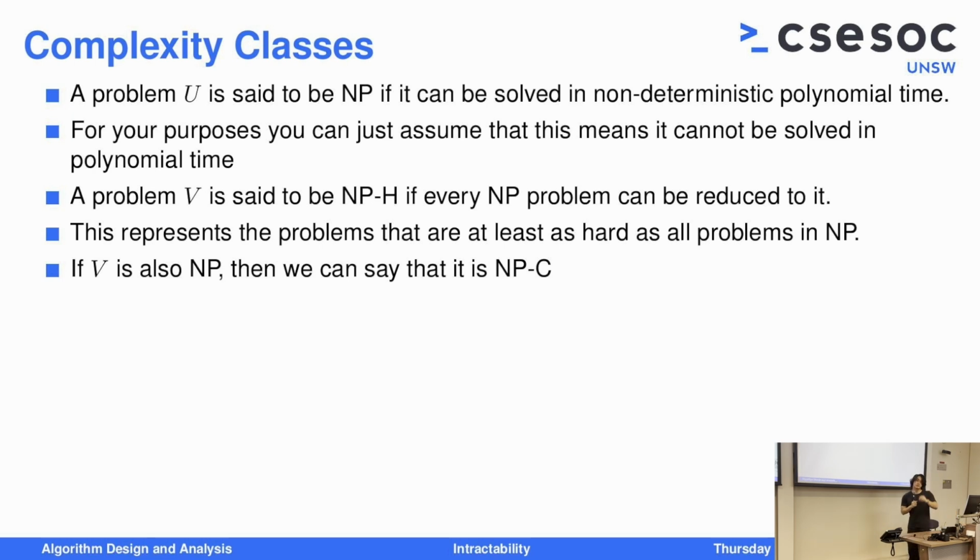To get to your point before, I'll address it right now. To say that it can be solved in non-deterministic polynomial time is essentially to say that if we go through the tree of the solution, I look at every branch at the same time. That's what a non-deterministic computer can do.